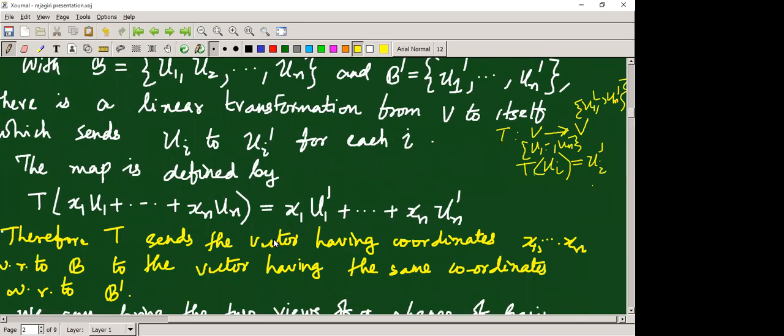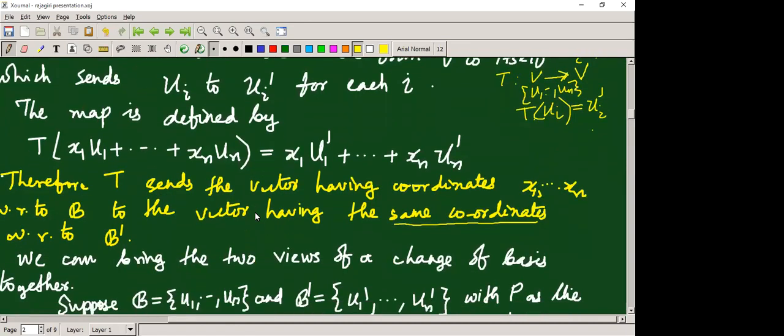Therefore T sends the vector having the coordinates x1, x2, ..., xn with respect to B to the vector having the same coordinates with respect to B dash. This is an important point, and another application of the transition matrix.